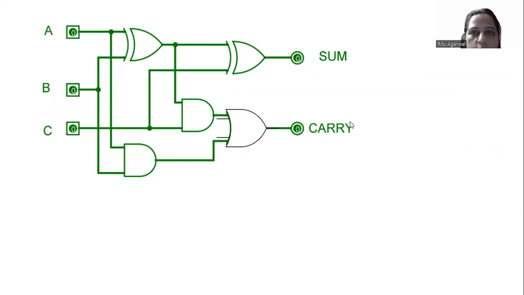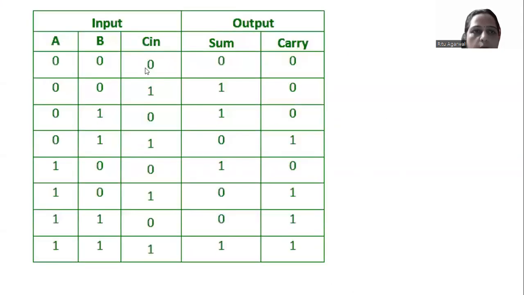Now we will discuss the truth table of this full adder. In case of the full adder, we have three inputs as we discussed before, that is A, B, and C in. Since we have three inputs, there will be 2 to the power 3 combinations, so the total number of combinations will be 8.